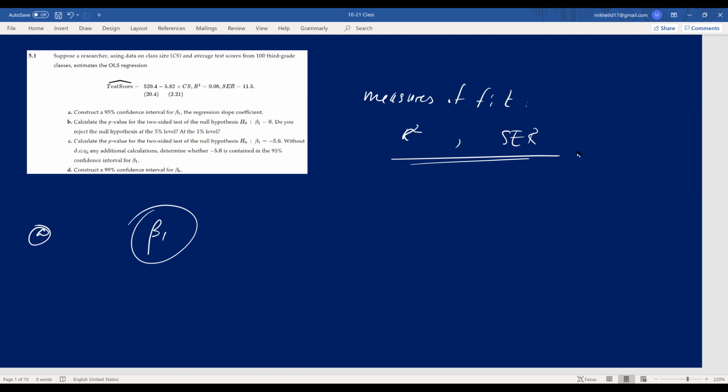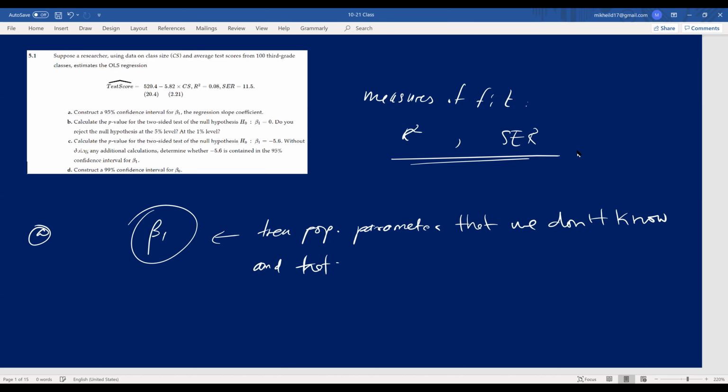That's the true population parameter, which we don't know, and that's why we want to construct a confidence interval.